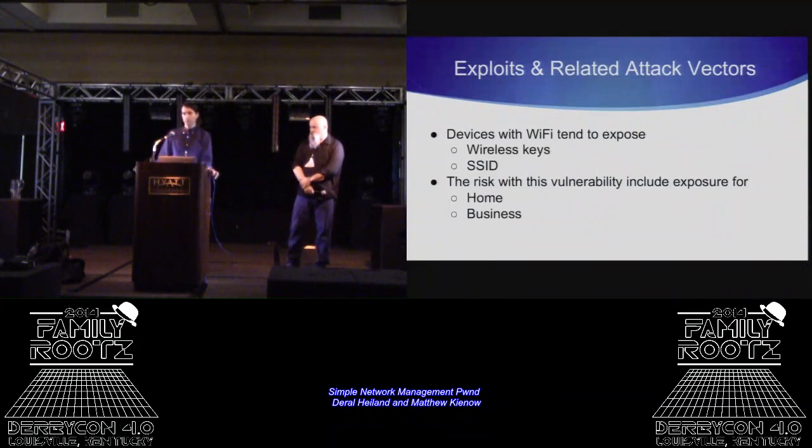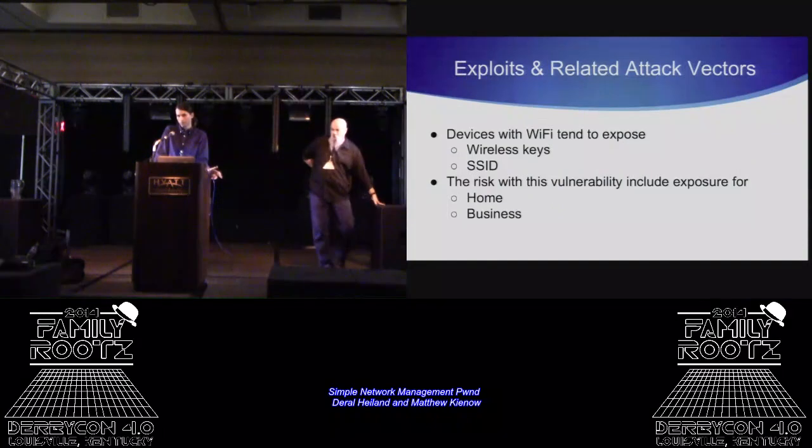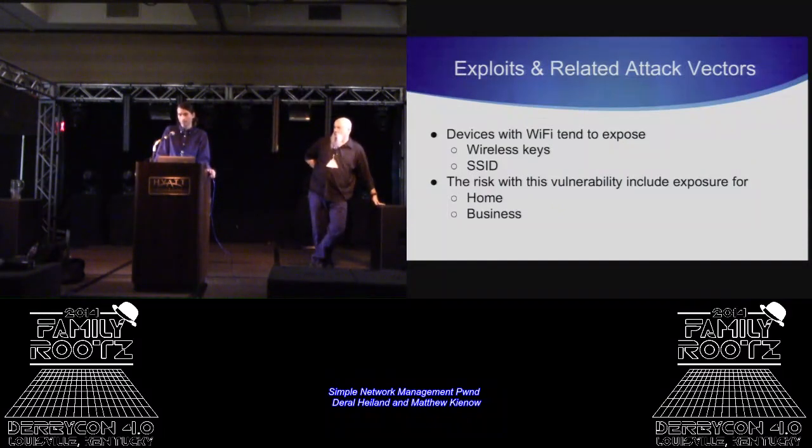So what we found was that devices that have wireless on them tend to expose sensitive information related to that wireless subsystem. Now, the risks are there for home users, but we also have to consider small businesses, because many small satellite offices commonly use this sort of SOHO-grade hardware.